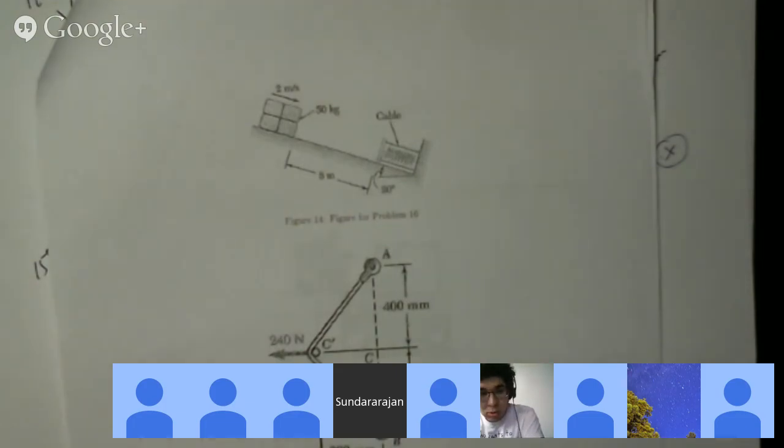And then make the energy at the end of the 8 meters, right before it hits the spring, equal to the spring energy, and solve for delta, which would be 50 plus delta.